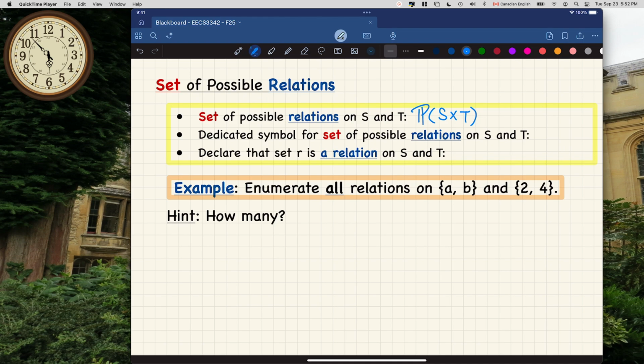As we said earlier, S cross product T is the maximum relation. Given that it's a maximum relation, any subset of it is a set of pairs that should be itself another relation, including the empty set. So the power set over here is basically going to be the subsets of the maximum relation.